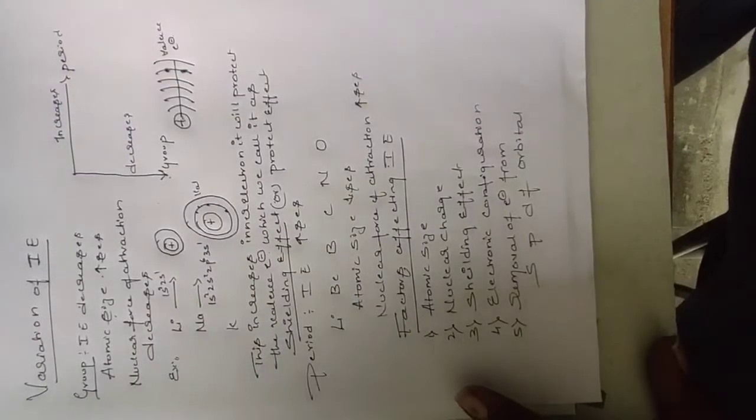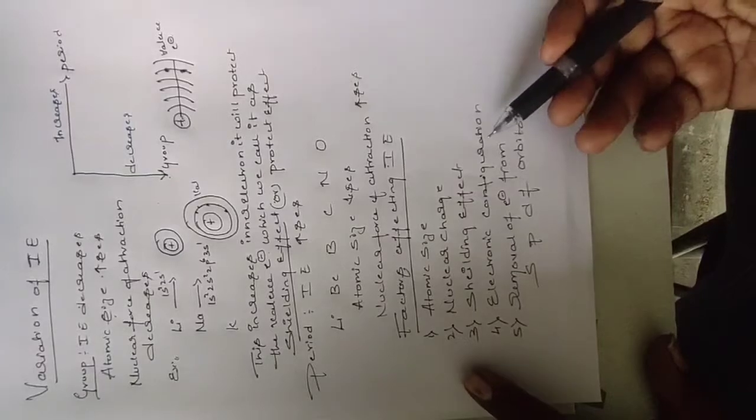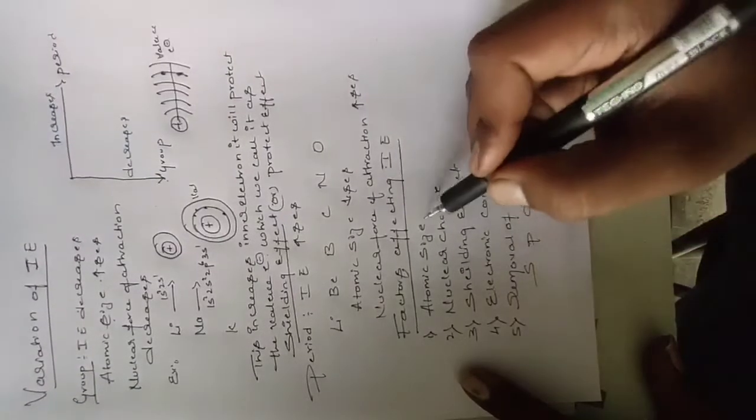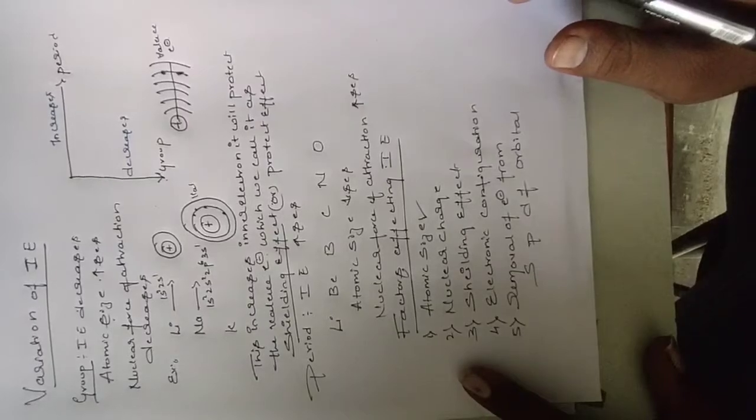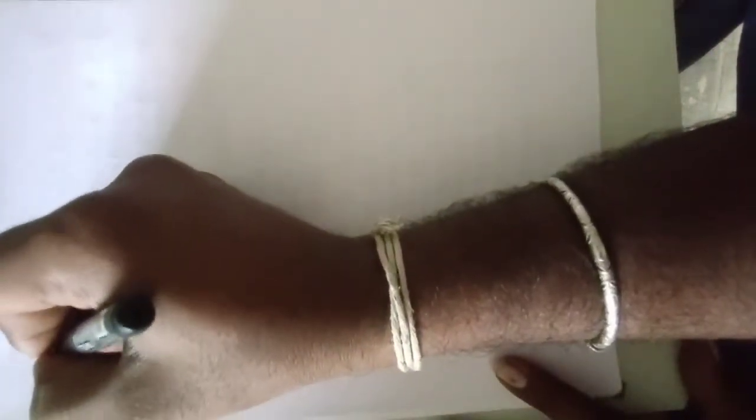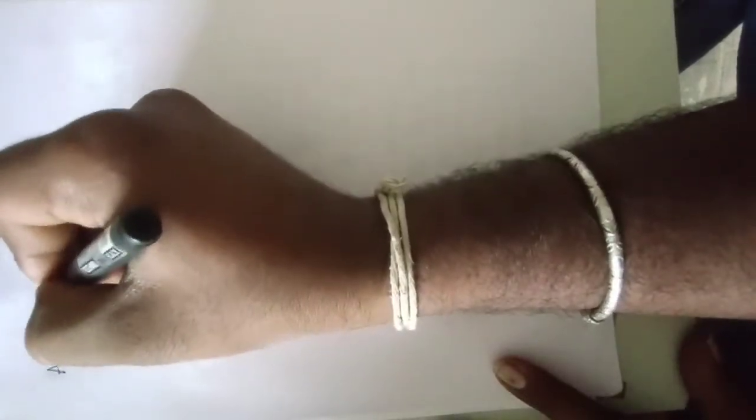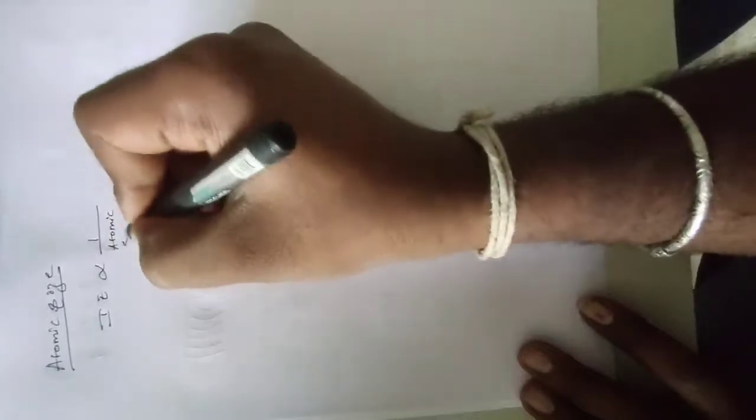Okay. Next, first we are going to talk about atomic size based on the ionization energy. The atomic size is the distance of the valence electrons from the nucleus. We know that ionization energy is inversely proportional to atomic size.